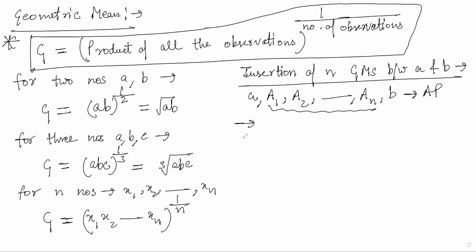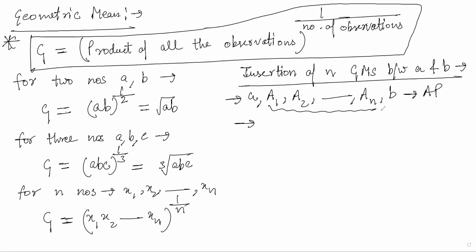Yes, Safa, please. I didn't understand this insertion of. Can you just repeat what you said? Yeah, I said that when we talked about AMs, arithmetic means in AP, let's say we have to introduce n arithmetic means between these two numbers A and B. These numbers are A and B. Let's say these arithmetic means are capital A1, capital A2 up to capital AN.